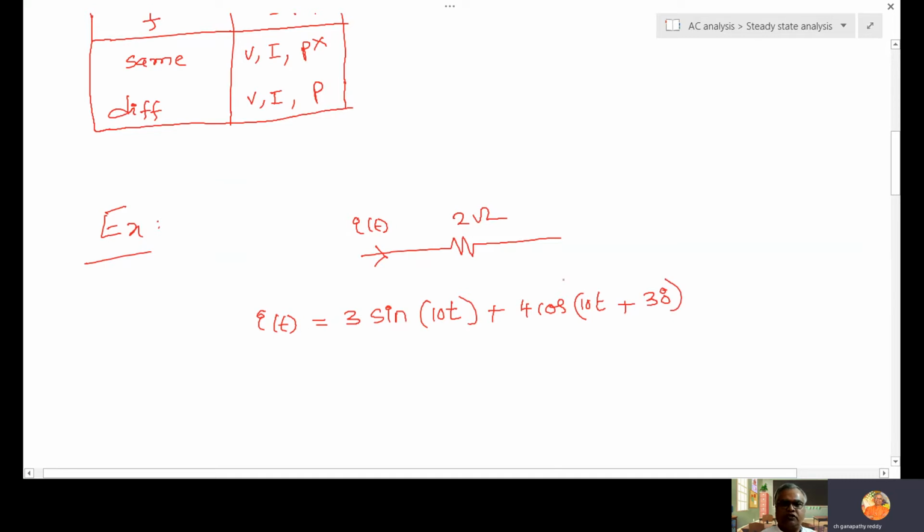This is the current passing through this resistor. The question is: find the power.